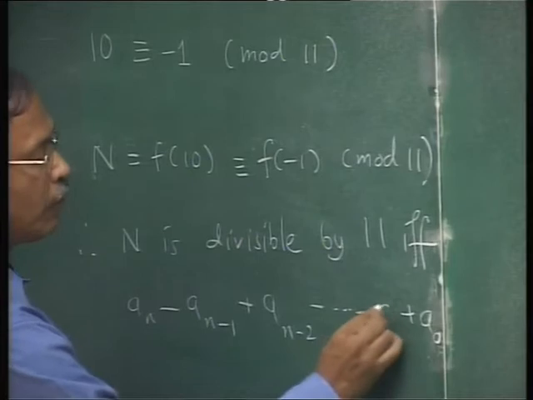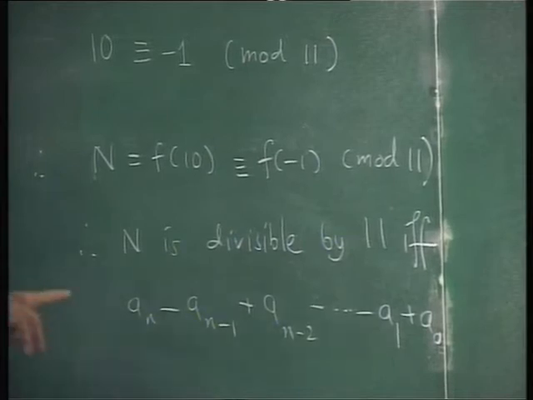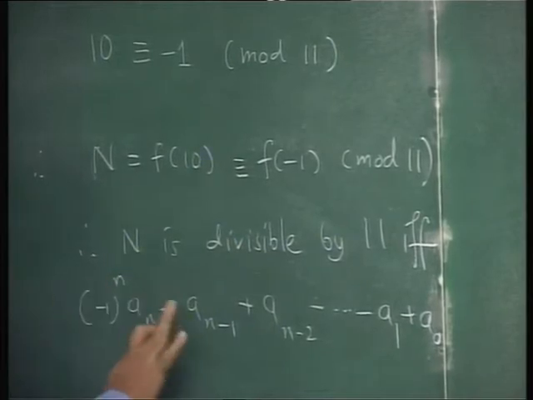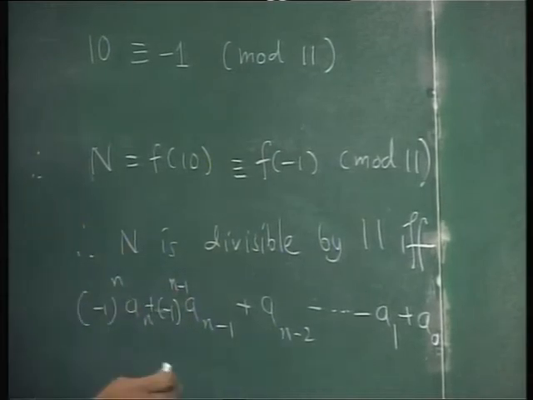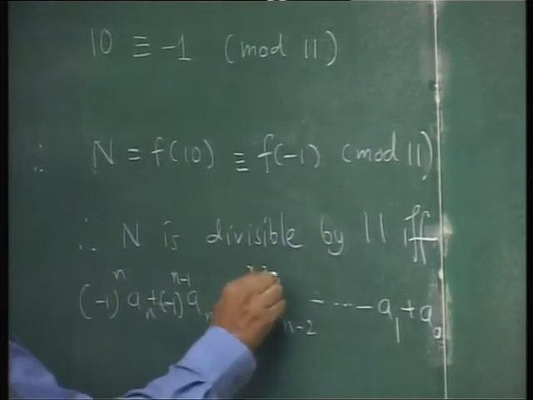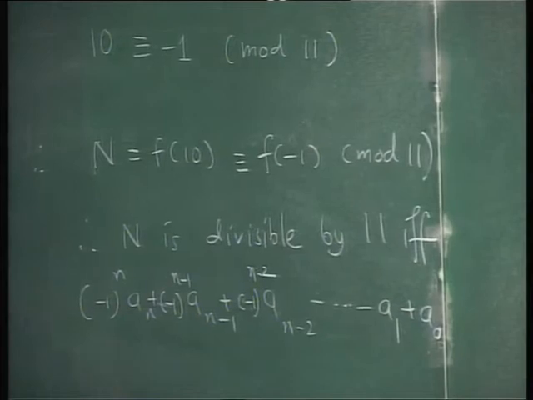Now I have to make some change here, or let me write minus 1 raised to n, then minus 1 raised to n minus 1 and so on, minus 1 raised to n minus 2, and then it is right. So you can consider the alternate sum, going up to the end.